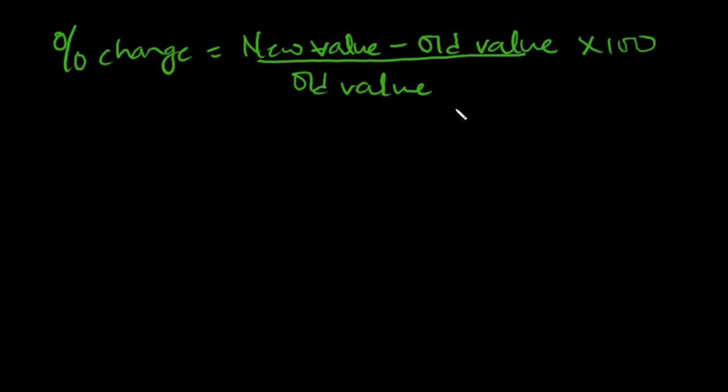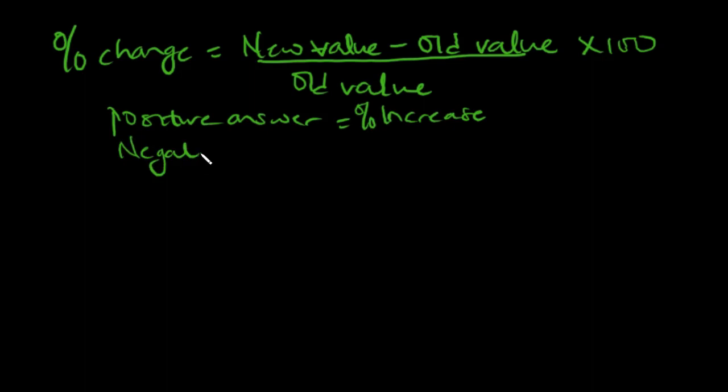Then in this case, if your answer is positive, a positive answer will mean there's an increase, or a percentage increase, while a negative answer, I think this is more logical though, will depict a percentage decrease. And this is what is more applicable, especially in economics.